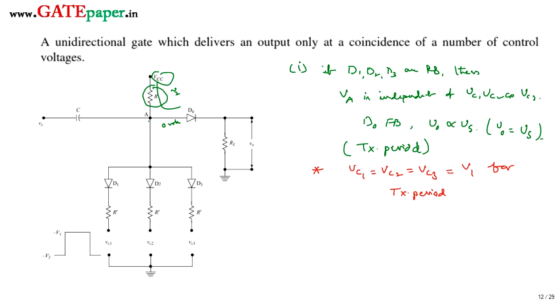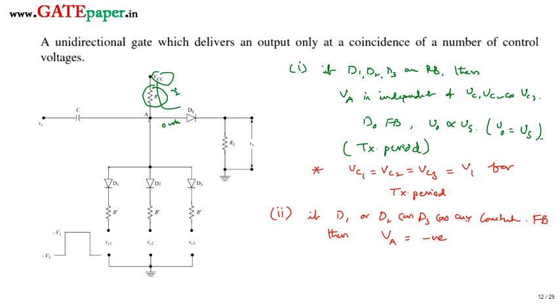In the second case, if either D1 or D2 or D3, or any combination of diodes, that is D1 D2, D1 D3, D2 D3 or all three, are forward biased, then the voltage at VA is effectively negative.